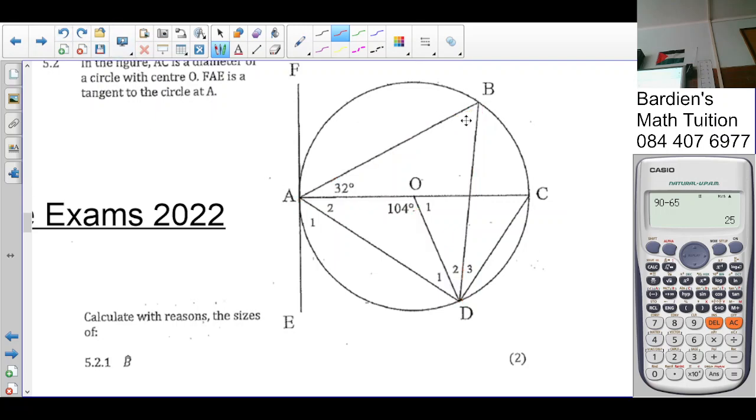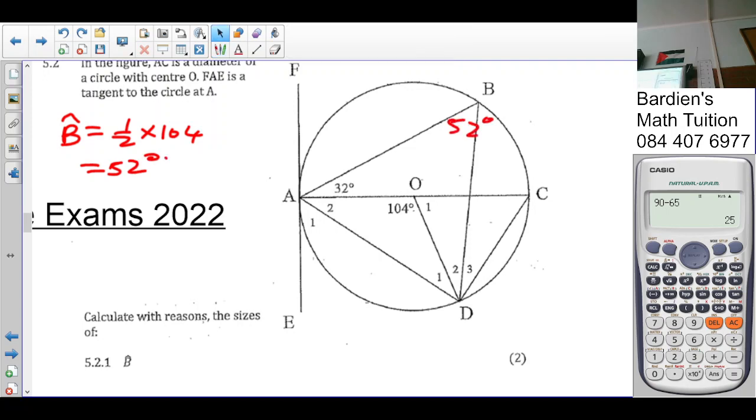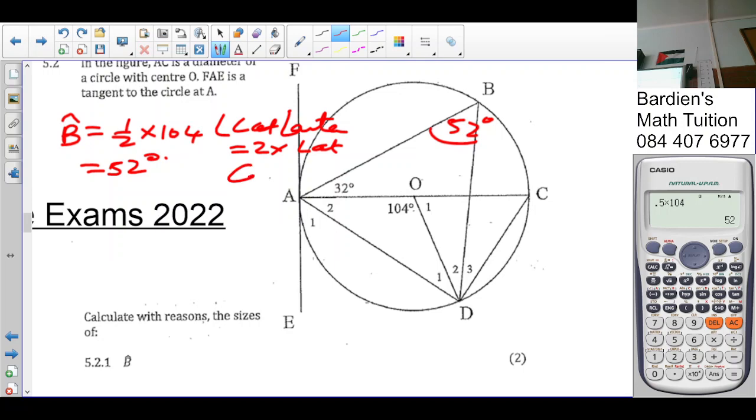So angle B is equal to a half of 104, so it's 52 degrees. Why? Angle at center equals 2 times angle at circumference.